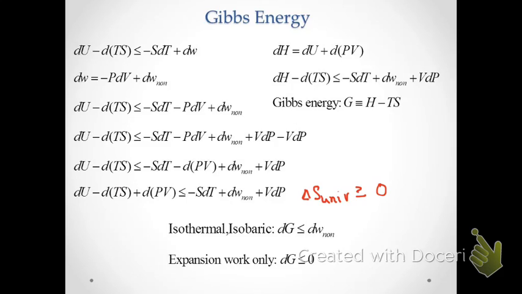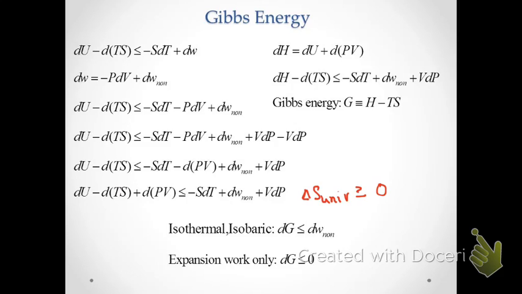So this is the advantage of delta G for an isobaric process and delta A for an isochoric process: if we calculate these thermodynamic parameters, we will be able to determine the spontaneity of a process without having to calculate delta S for the surroundings.